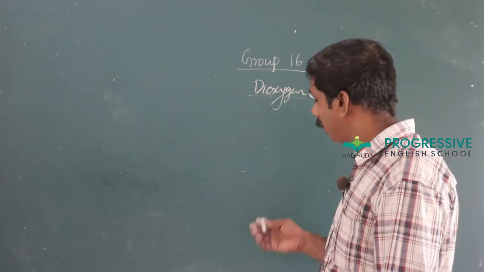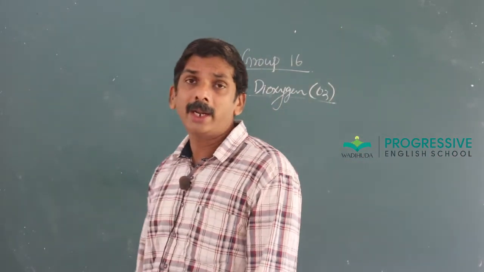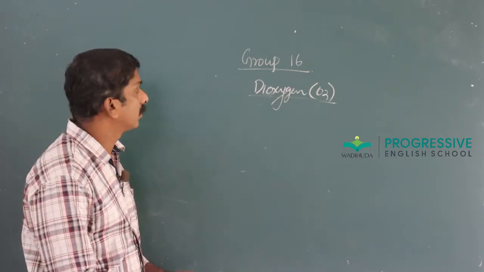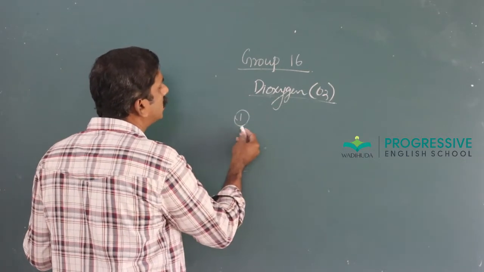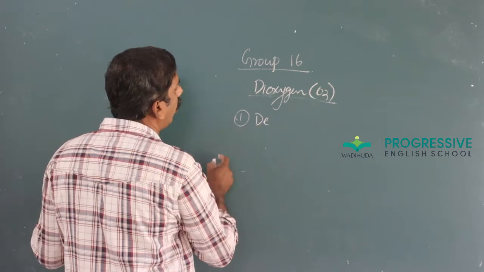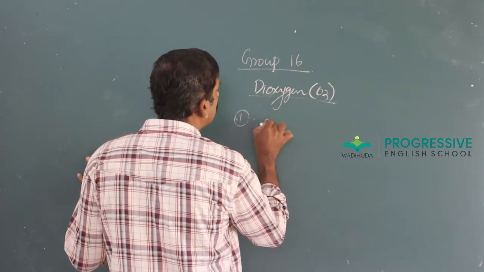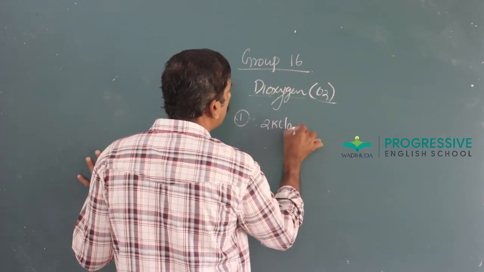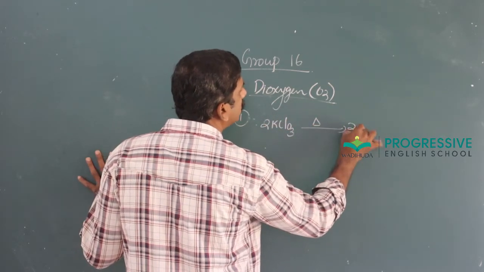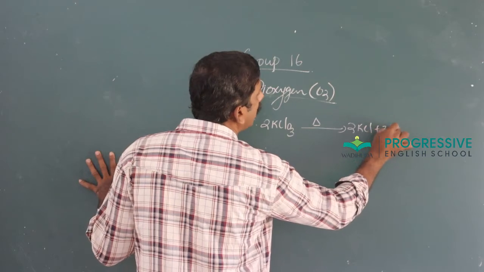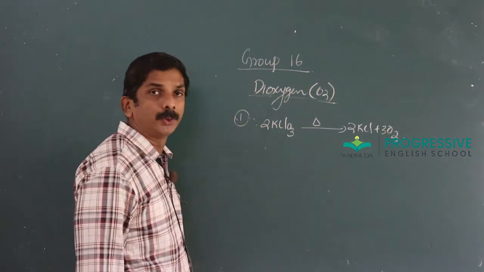And on a small scale, dioxygen is prepared by the decomposition of metal chlorates. Potassium chlorate decomposes to give 2KCl plus 3O2.